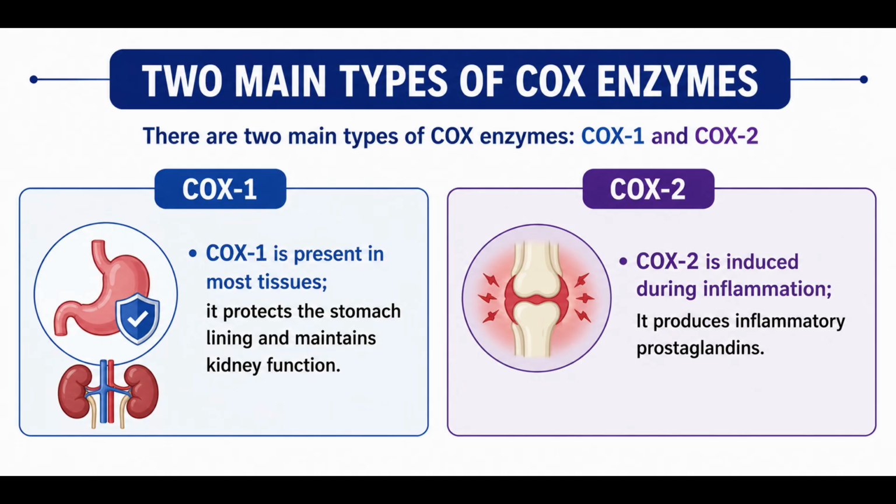There are two main types of COX enzymes, COX1 and COX2. COX1 is present in most tissues. It protects the stomach lining and maintains kidney function, while COX2 is induced during inflammation. It produces inflammatory prostaglandins.